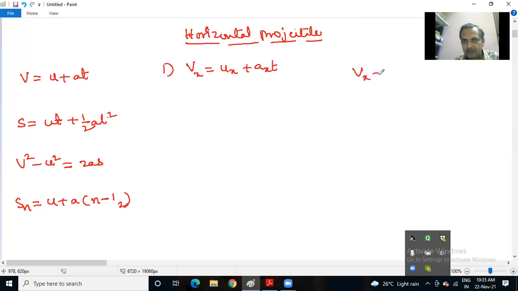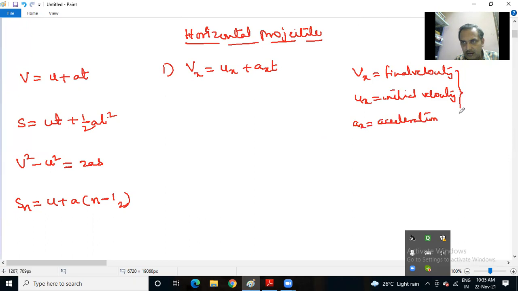Vx is the final velocity, Ux is the initial velocity, Ax is the acceleration along the x-axis, because the projectile may possess velocity, acceleration, initial velocity and displacement along the x-axis.